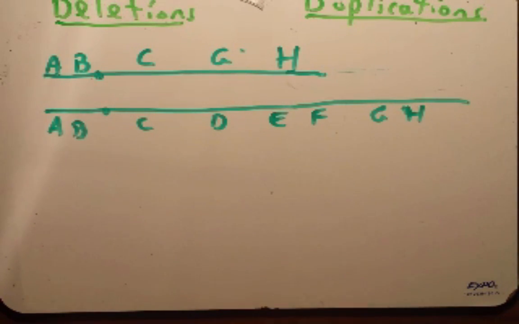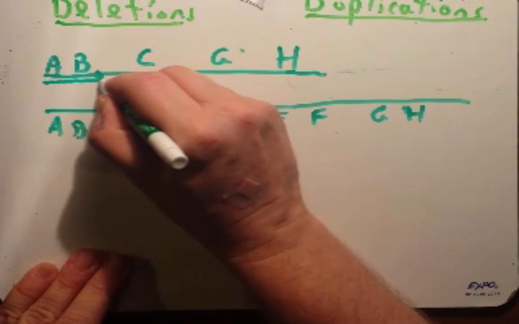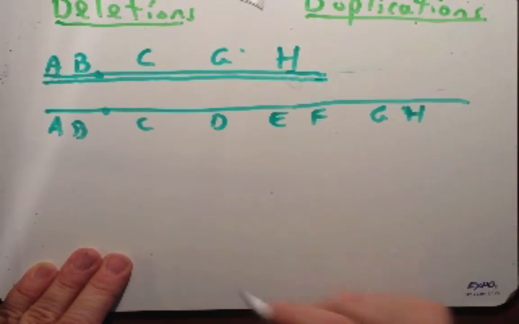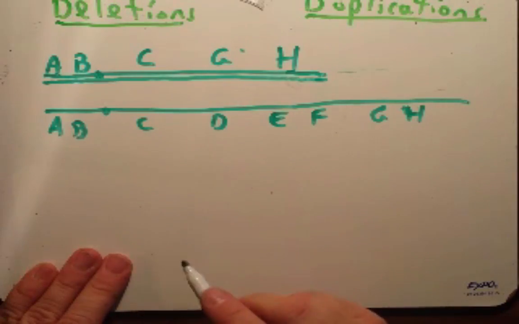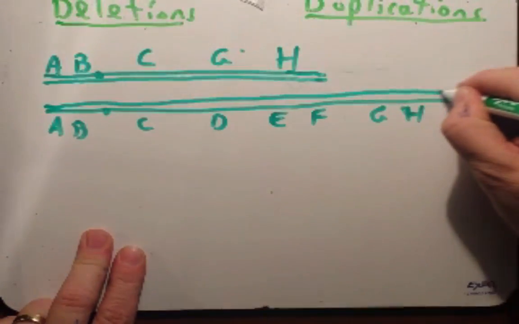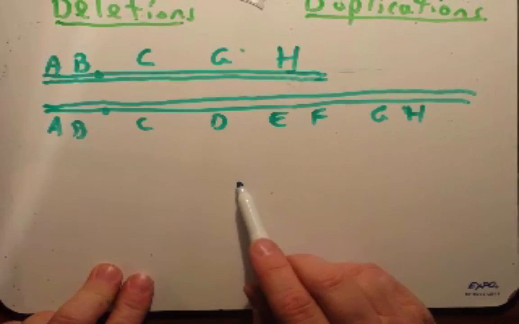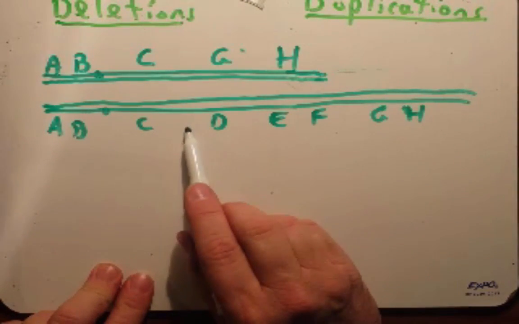And before we form that loop, let's remind ourselves that this being prophase, that we have two sister chromatids here. And same with here. What's going to happen is this D, E, F, I'm going to draw it, and it's going to loop out down here, and then G, H will shift over.